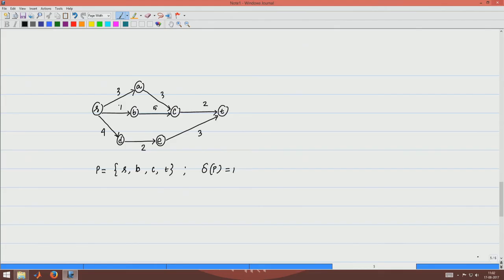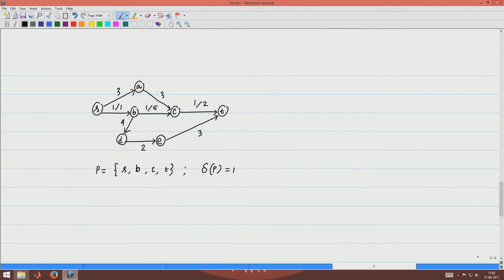So, I can send 1 unit of flow along this path. Okay. Sorry, I drew it wrongly. This is not here, this is here, this is 4 here. Okay.